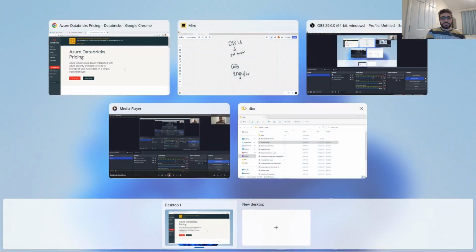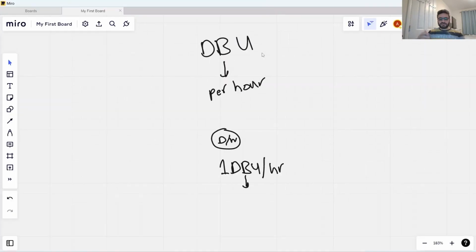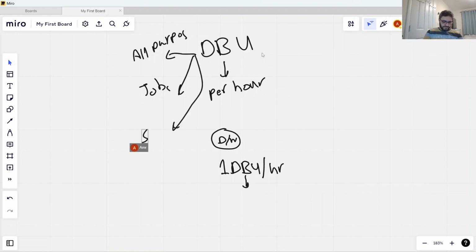The DBU price depends on the type of cluster that you're using. Remember when we said there are 2 types of cluster, all-purpose and jobs? There are other types, but these are the most common. There is the serverless SQL cluster, and the Delta Live Tables, DLT, cluster.